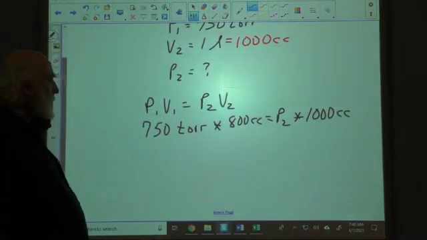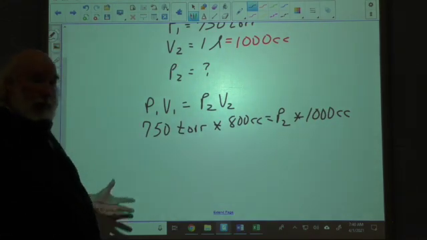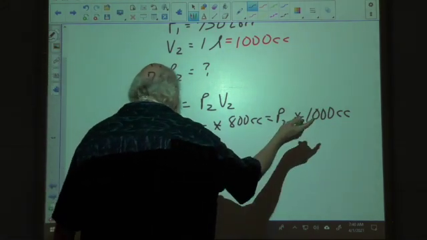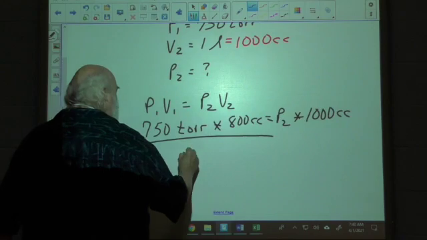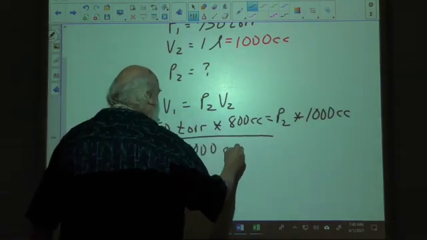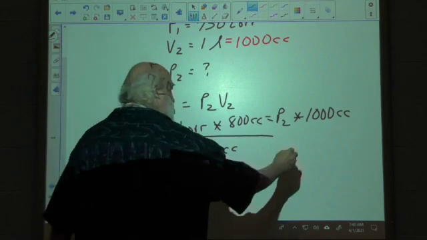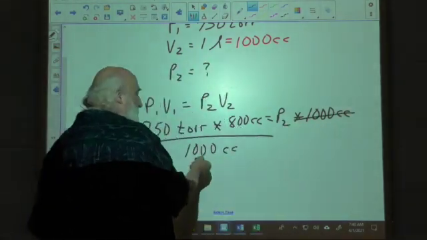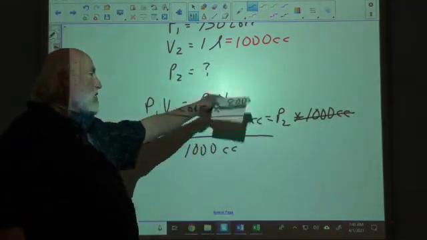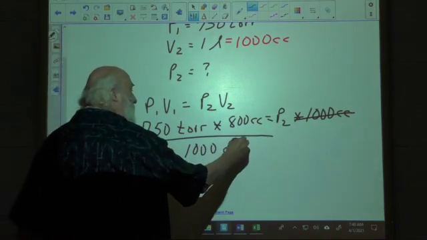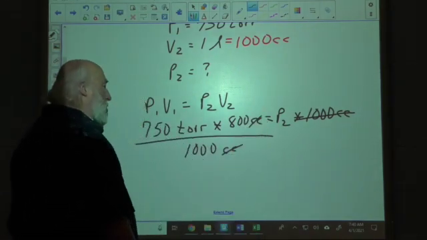Okay? So again, a basic algebra problem here. We're going to divide by 1,000 cc, again keeping the labels in our setup, and any changes that we have to make. That cancels out 1,000 cc. That's why we divided by it over here, multiplying on the right, dividing on the left. And the cc are canceled out because they're both found in the numerator and the denominator.